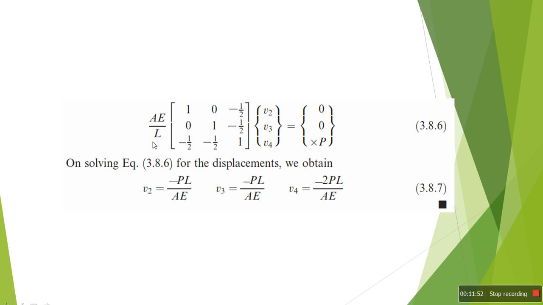After reducing the finite element equation using the boundary conditions, I will get equation 83. This is minus p, not multiplied by anything. Now I have 3 equations with 3 unknowns. I can solve them simultaneously, and I will get v2, v3, and v4.